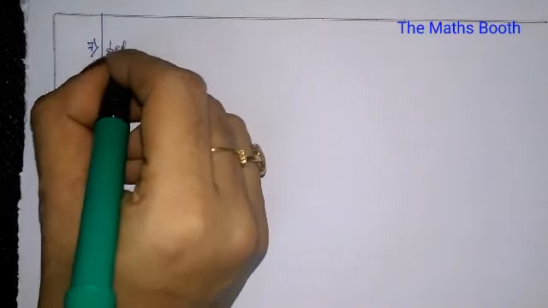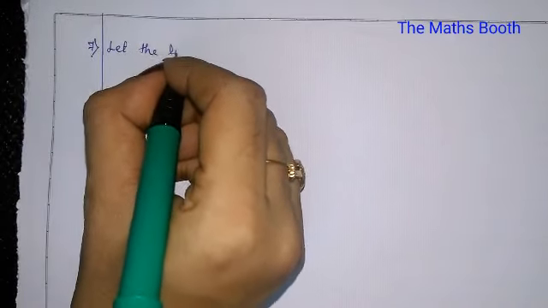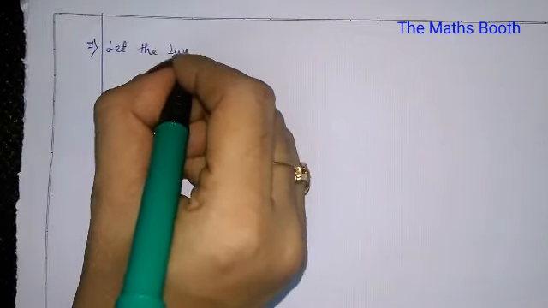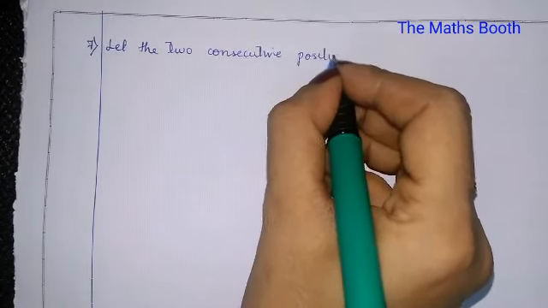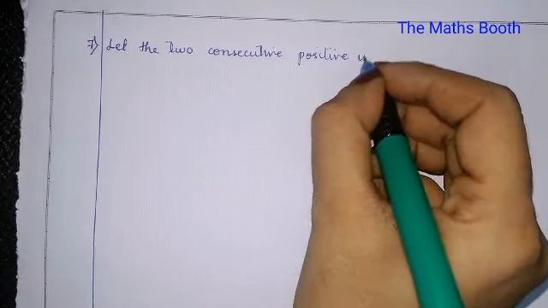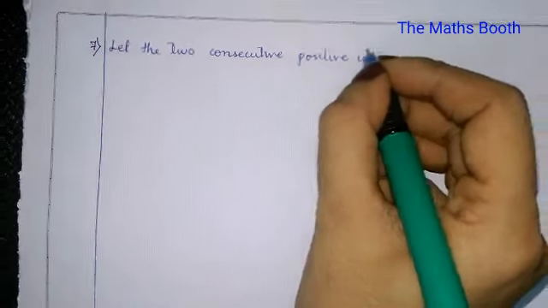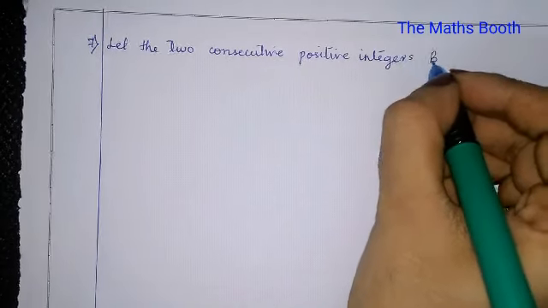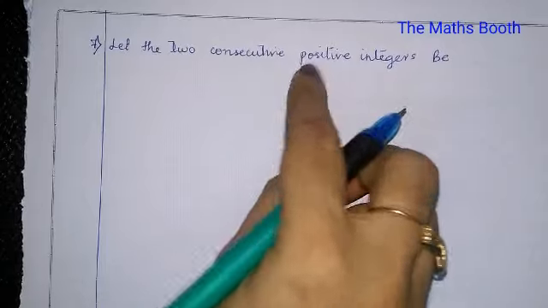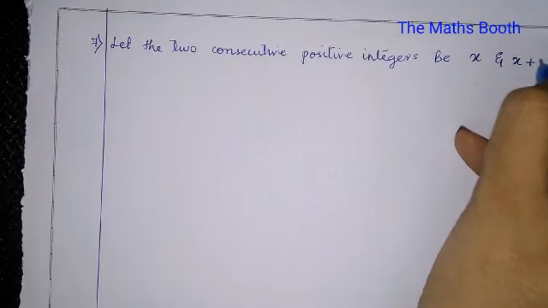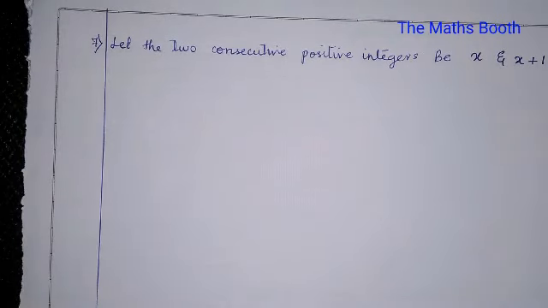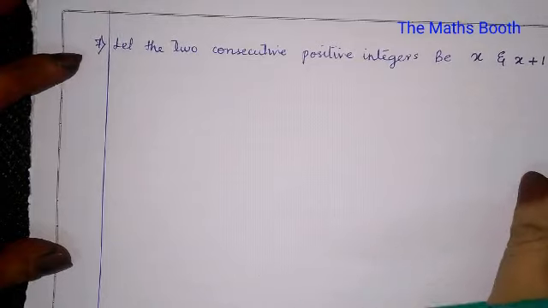Let the two consecutive positive integers be x and x plus 1.